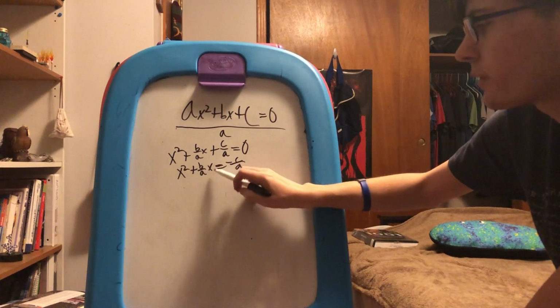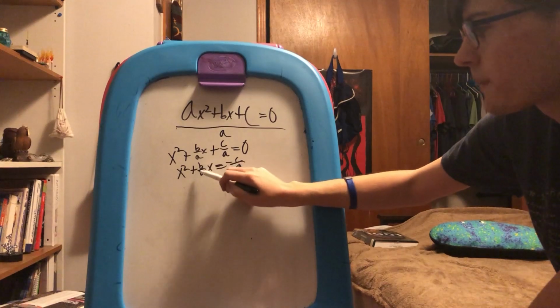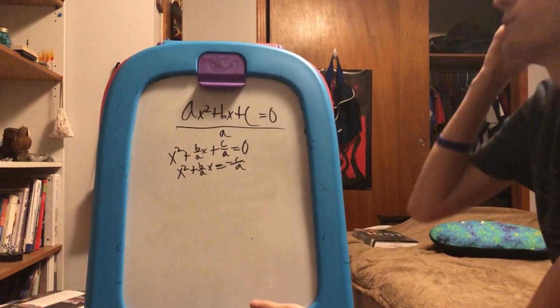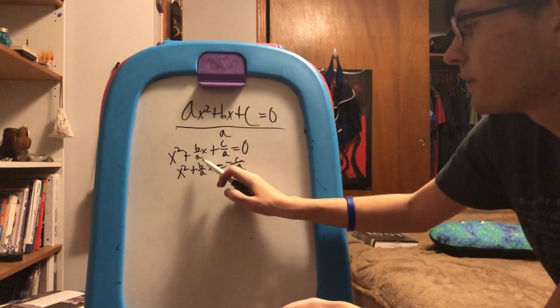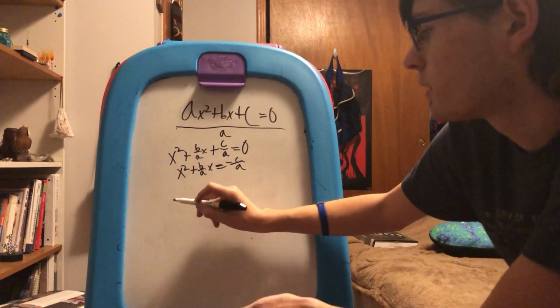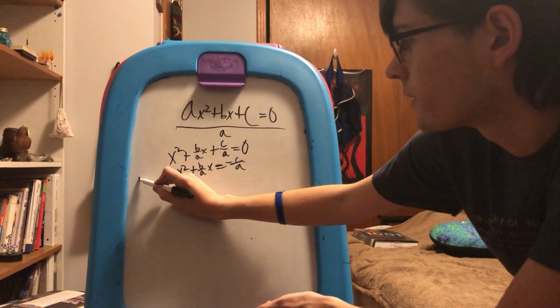So we can disregard that as being a. So this is 2b. We want b so that we can get b squared. So to get b, we divide this by 2. Divided by 2 is the same as multiplying by 1/2, which is good for this fraction.